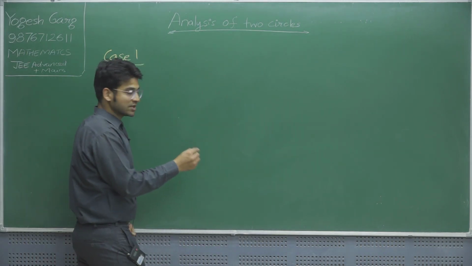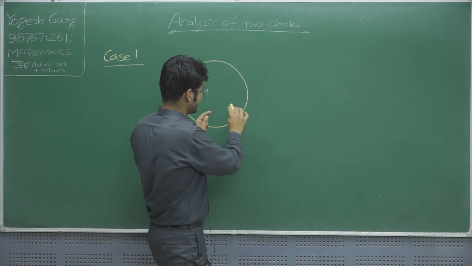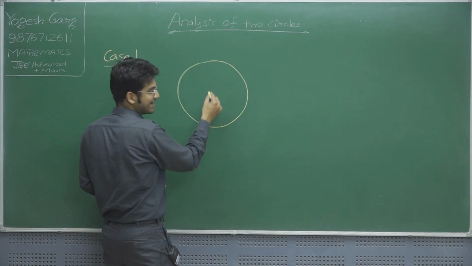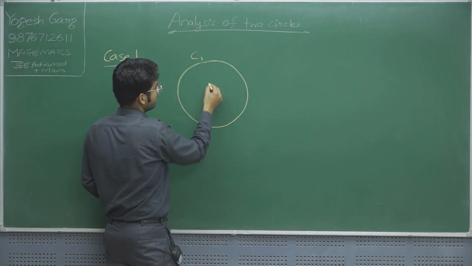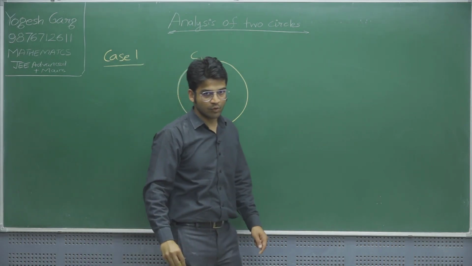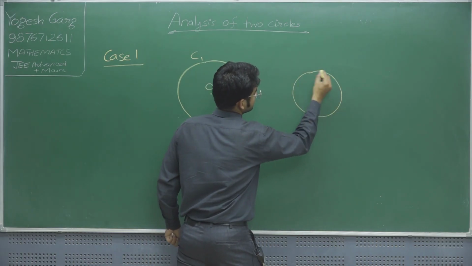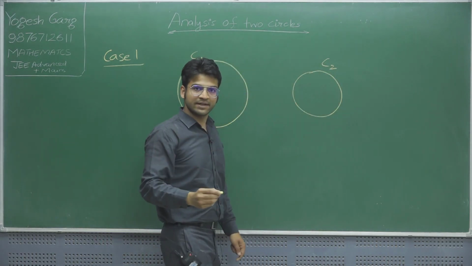So we have two circles. Let the circle C1 have center O1, and the other circle C2 have center O2.